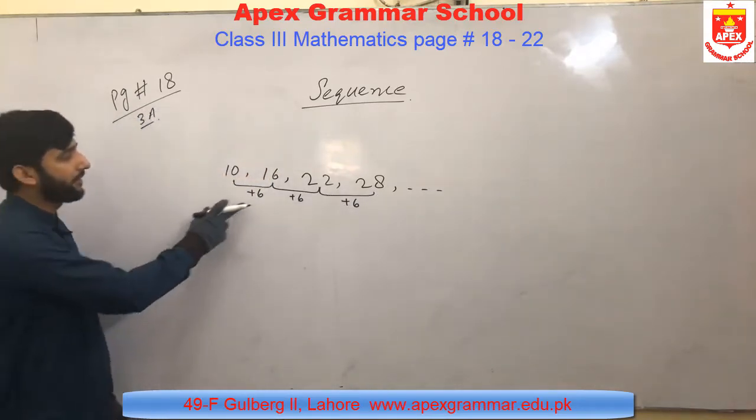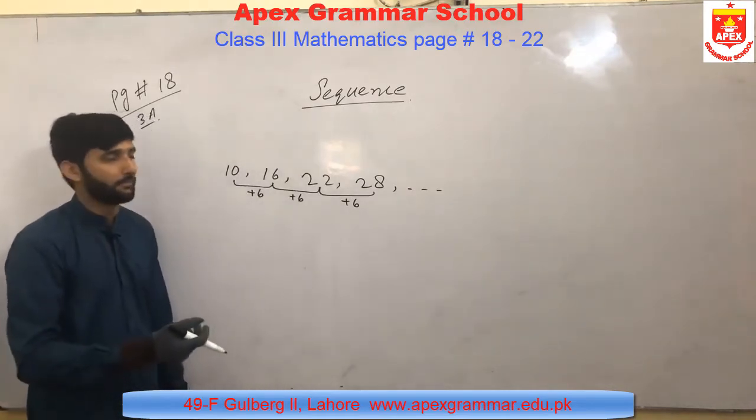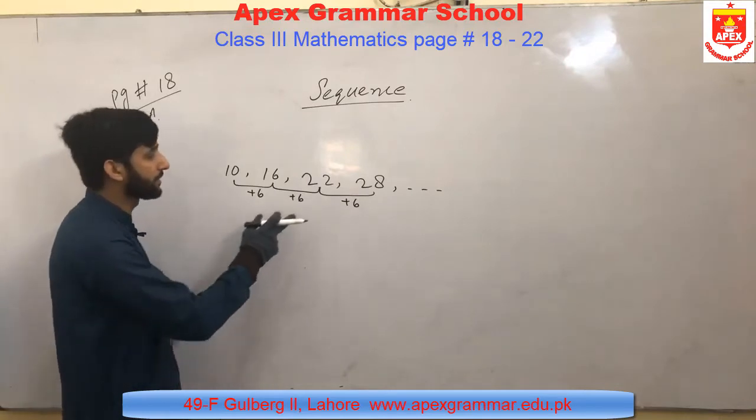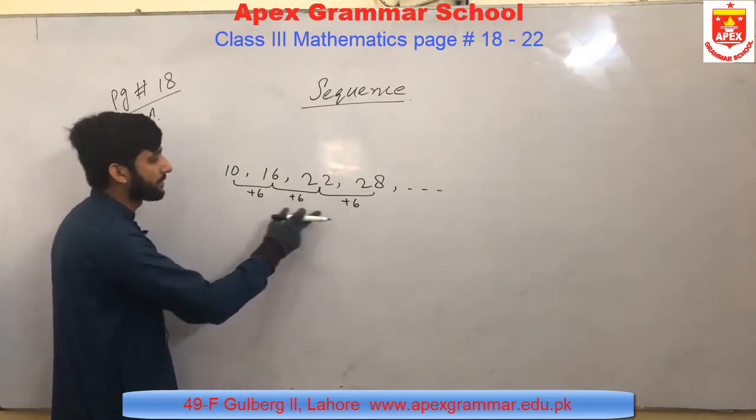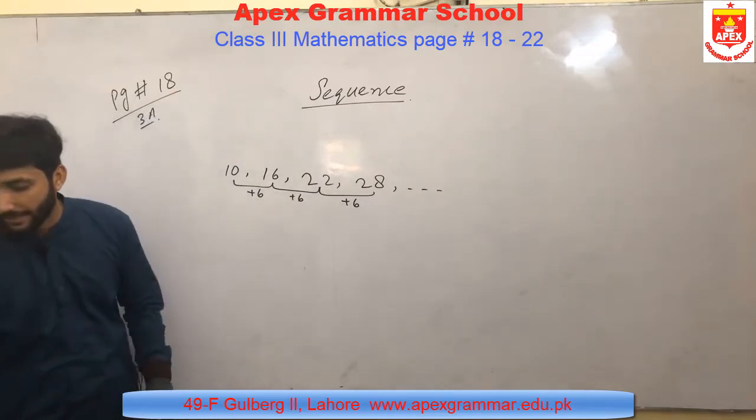You can see that every time I'm adding 6 to find out the upcoming number. So this is a sequence because it follows the rule of adding 6 to every previous number to find out the next.